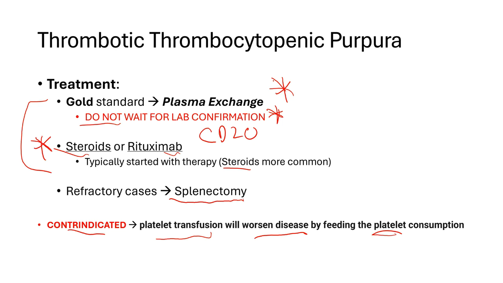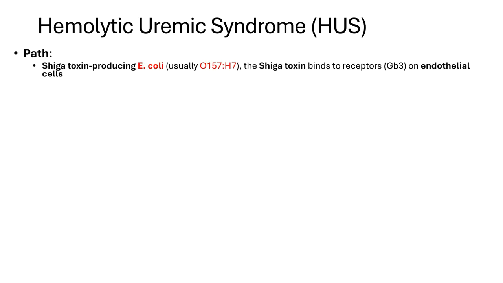TTP is typically compared to something known as Hemolytic Uremic Syndrome. The pathology here is different than TTP. This is typically caused by a Shiga toxin-producing E. coli, such as O157:H7, which causes the Shiga toxin to bind to receptors. This causes direct endothelial cell damage and inflammatory response.